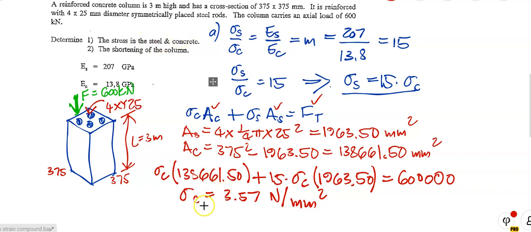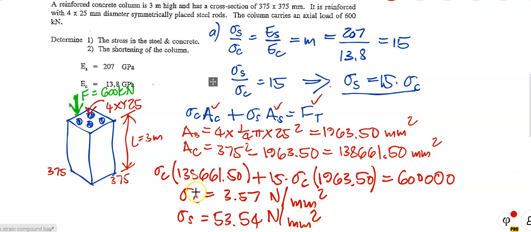We found the one for concrete, 3.57, so the stress in steel will be equal to 15 times the one we just found. Times 15, I get 53.54. Therefore the stress in the steel is equal to 53.54 newtons per millimeter squared.